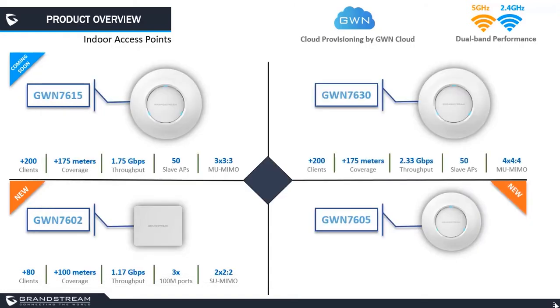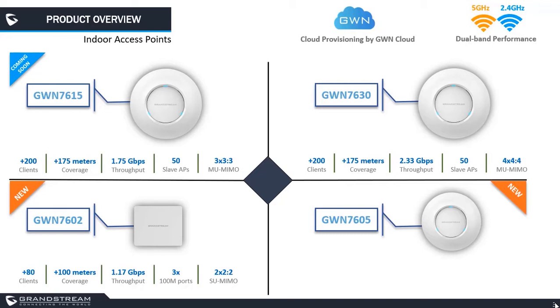So next we have the GWN 7630, which is a high-performance 802.11ac Wave 2 Wi-Fi access point designed for small to medium-sized businesses, multiple floor offices, commercial locations, and also branch offices.